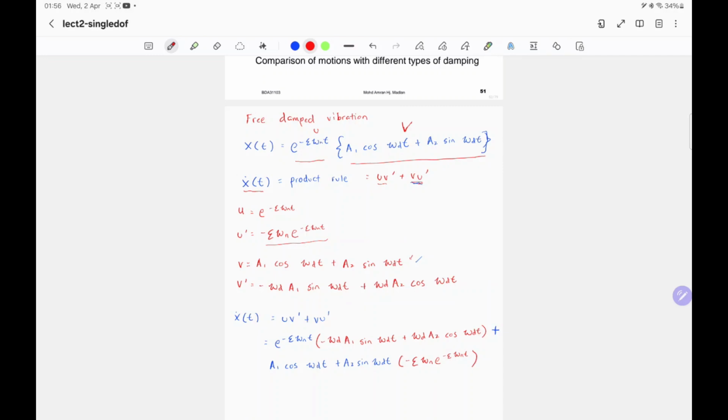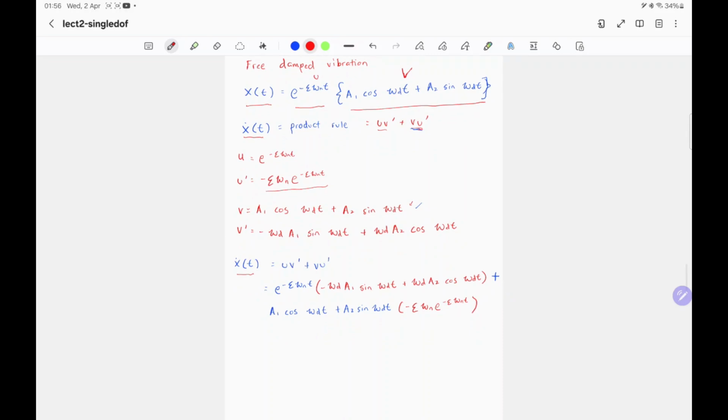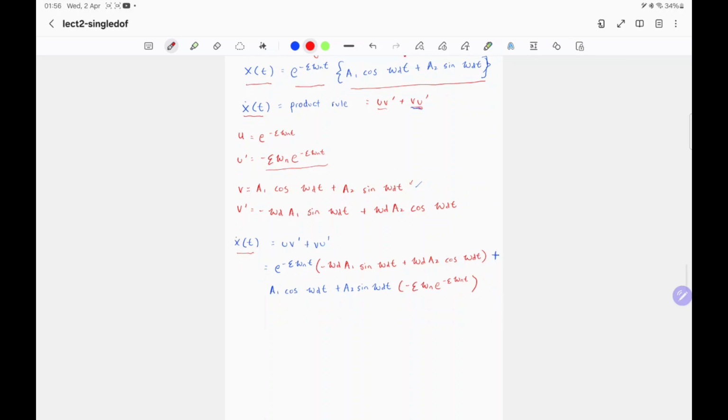Now we have obtained the equations for x t and x dot t, and next we use the initial conditions to find all the unknowns.